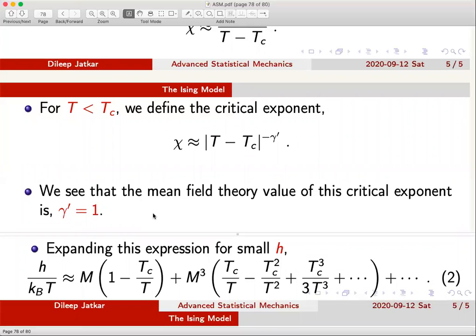Those are the 4 critical exponents which tell you how the magnetization and the magnetic susceptibility behave in the neighborhood of the critical temperature T equals Tc, as a result of small changes in the temperature, which is a thermal stimulus, or an external magnetic field, which is a magnetic field stimulus. We have used these 2 things to determine these 4 critical exponents in the neighborhood of Tc.